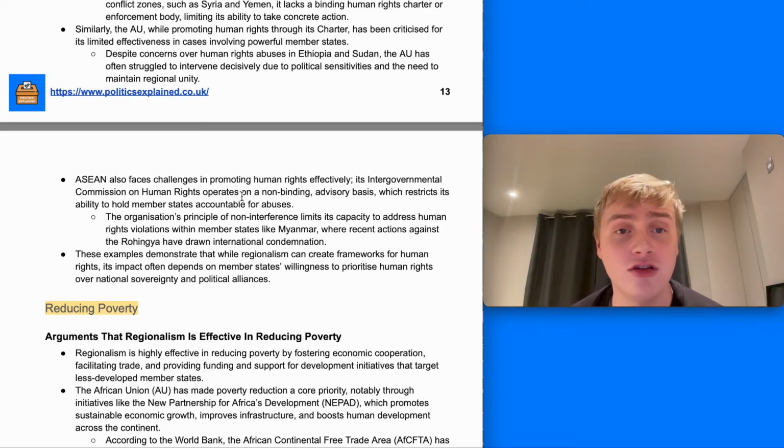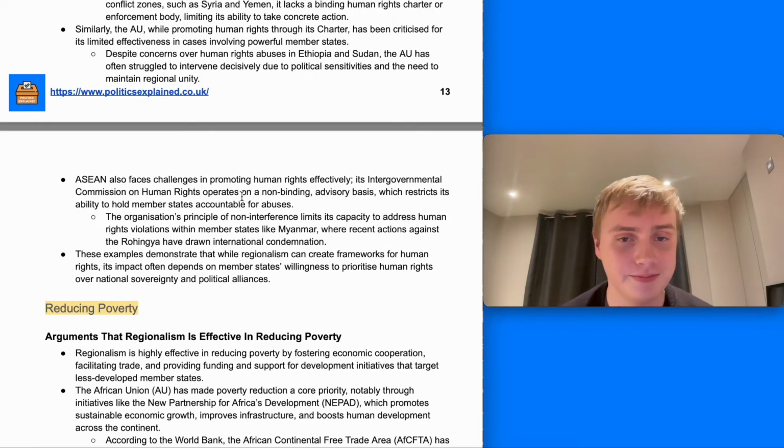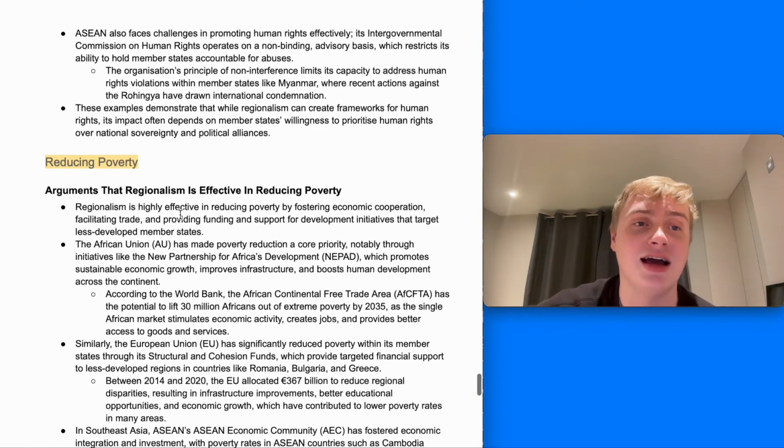Despite concerns over human rights abuses in Ethiopia and Sudan, for example, it's not intervened decisively due to political sensitivities and the need to maintain regional unity. And ASEAN is exactly the same.